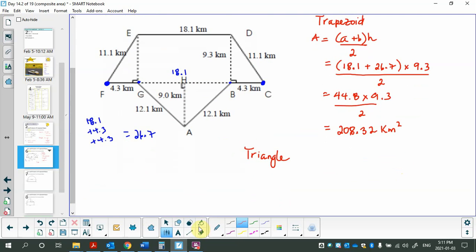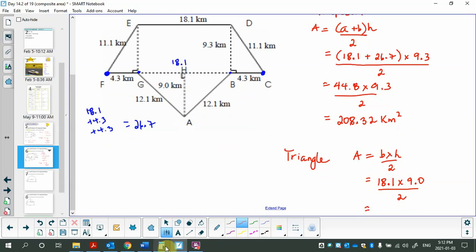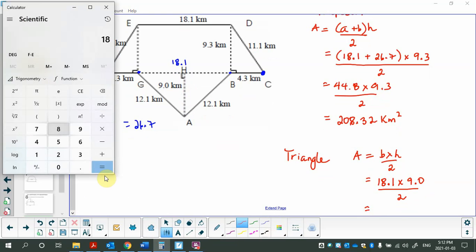All right, time for the triangle. And only because I remember it from the last question, triangle is area equals base times height divided by 2. So the base of this is from here to here, if I turned it upside down, and that's the 18.1, times the straight up and down height, which is 9.0, divided by 2 because the formula says so. Calculator. 18.1 times 9.0 equals, don't care about that, I still need to divide it by 2 before I write down an answer.